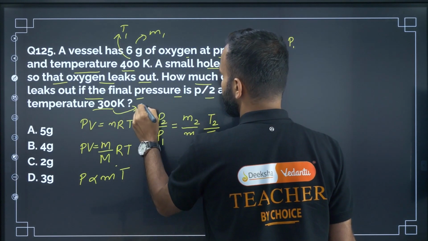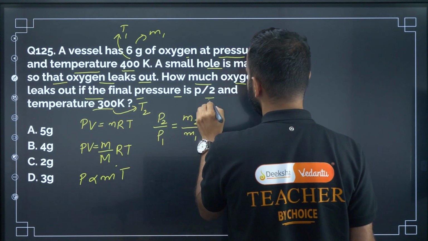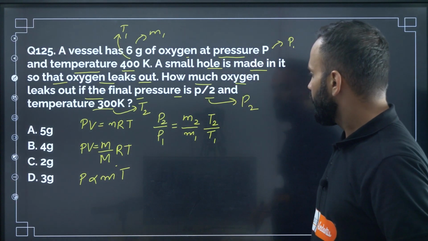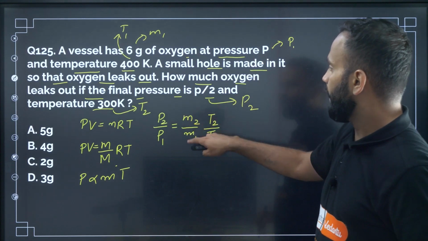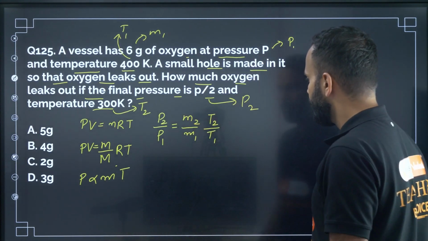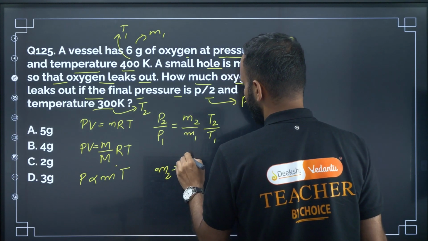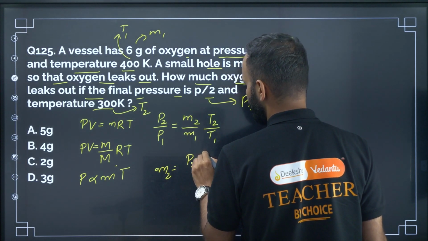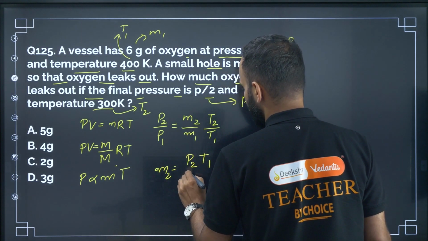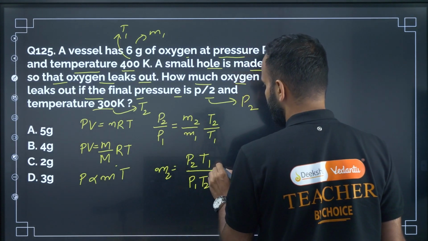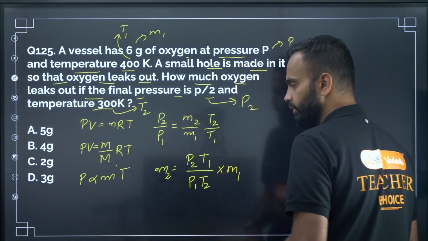So T2 is 300 Kelvin, P2 is P/2, right? Now we need to find the value of M2. M2 is equal to P2 into T1 divided by P1 into T2, into M1.